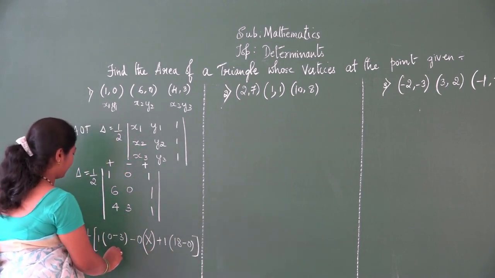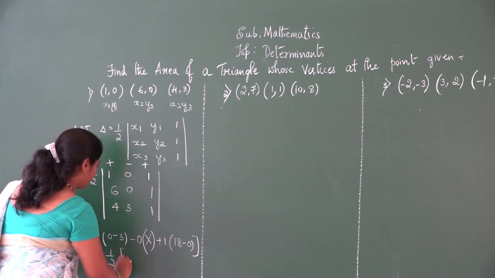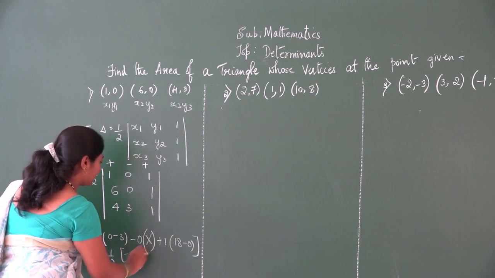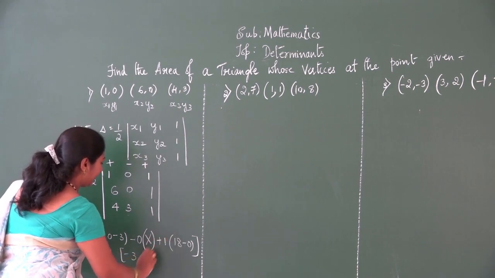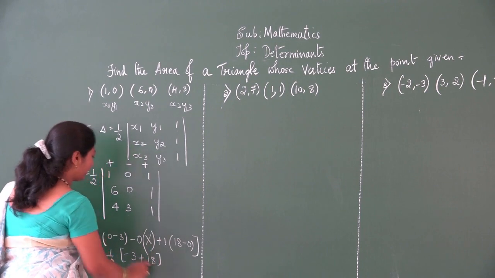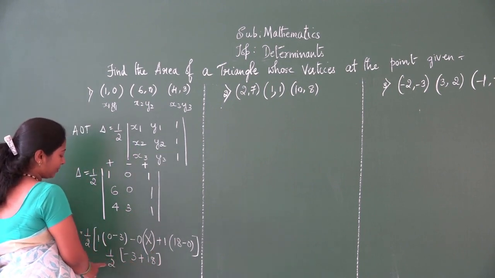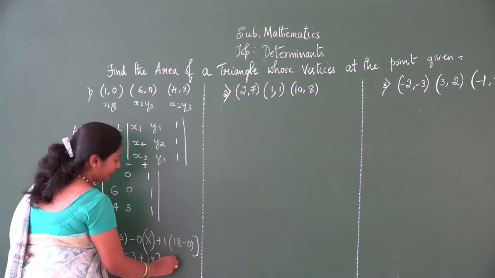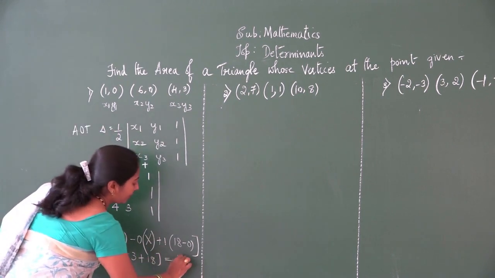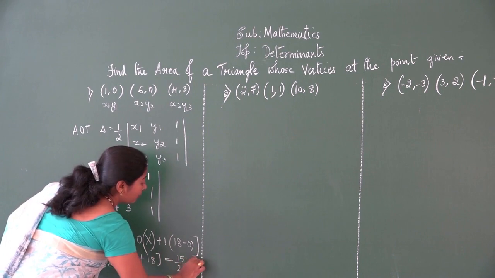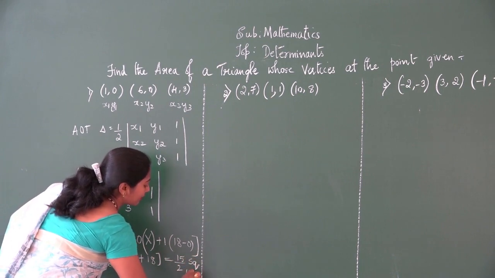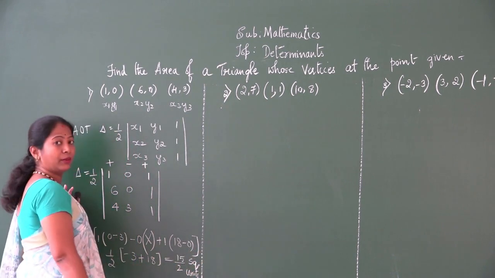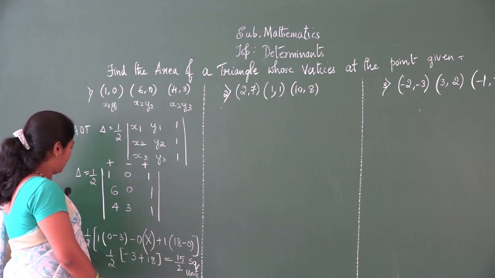So this can be written as half into 0 minus 3 plus 18 into 1 is 18. So what is 18 minus 3? 15. So half into 15 square units, or it can be written as 15 by 2 square units.